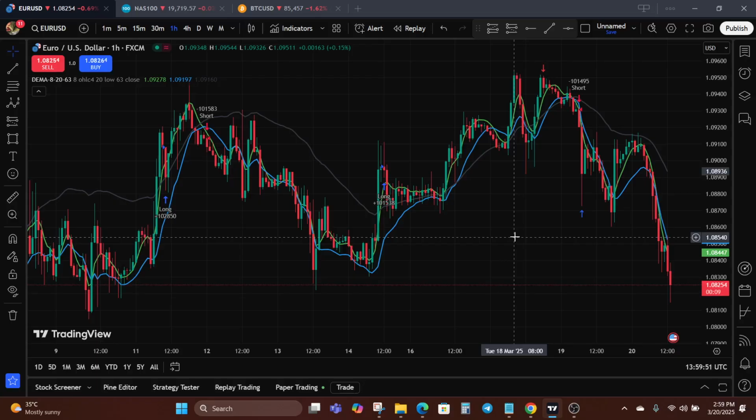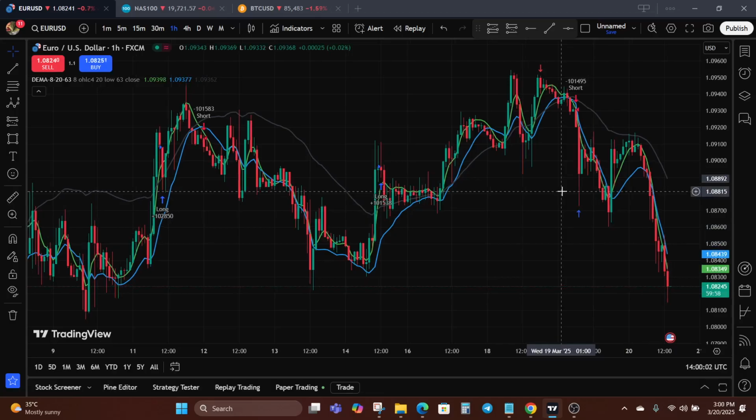Okay, so the result is that DEMA helps traders identify trends faster, you know, allowing you to make decisions more swiftly and take advantage of market movements as they happen.